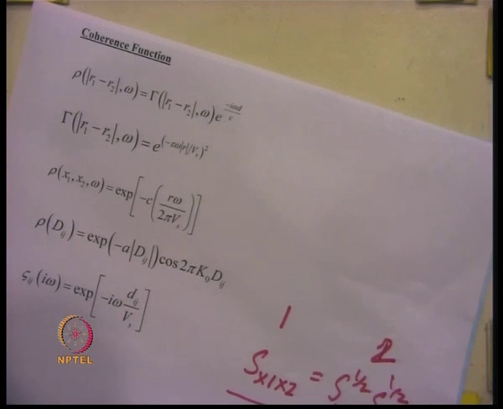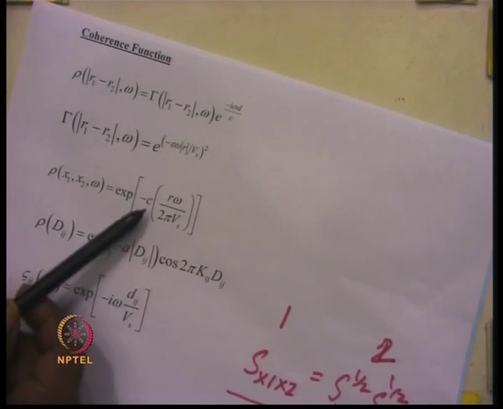In fact, it is logical that the cross power spectral density function terms would be a complex function or a complex quantity rather than a real quantity.